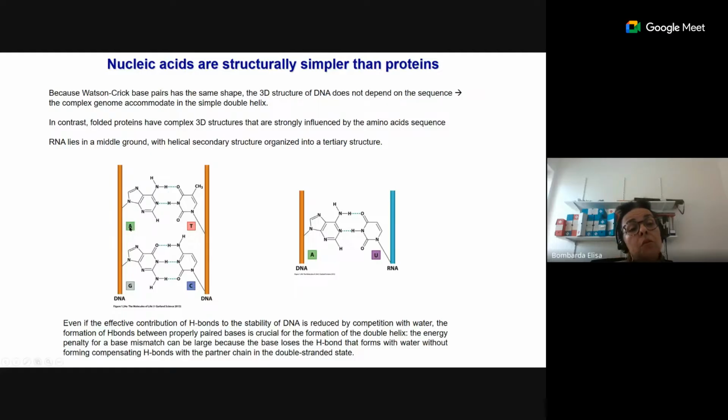As you see, an adenine can face only a thymine, and the guanine only a cytosine. So the molecules are complementary in that way.